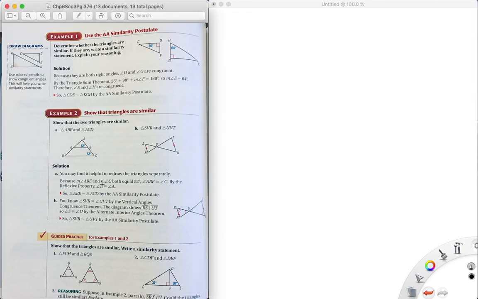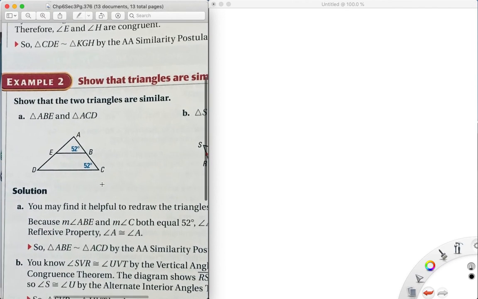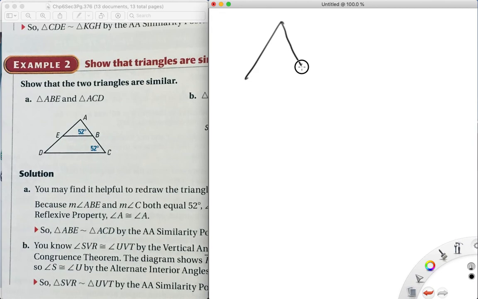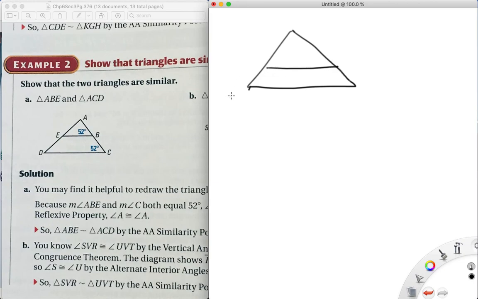So let's look at a couple of these examples actually from the book because these are pretty good. If we look at this, and you'll probably see it again in your homework, we got D, E, A, B, and C. We have this as 52.